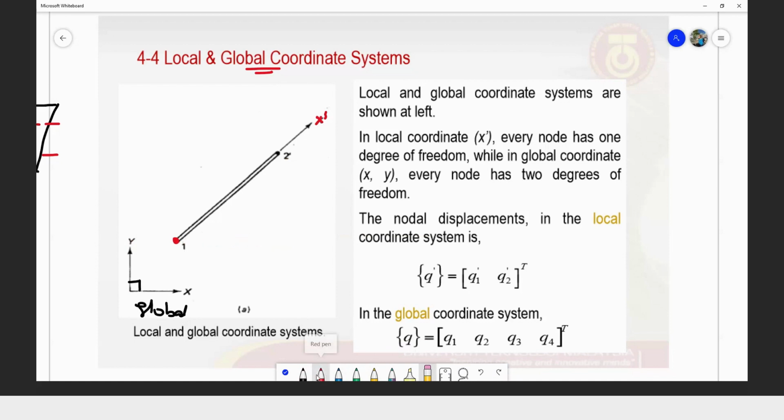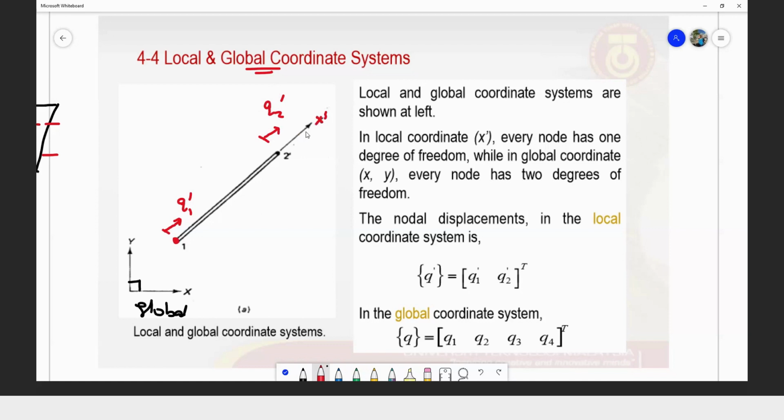Now let's relook what will happen to the displacement when we view it in local coordinate systems. So when we view our structure in local coordinate systems as shown, so the displacement actually happens in q1 prime, which is displacement in the x prime direction. And at node number 2, we will have q2 prime, that moves in the x prime direction.